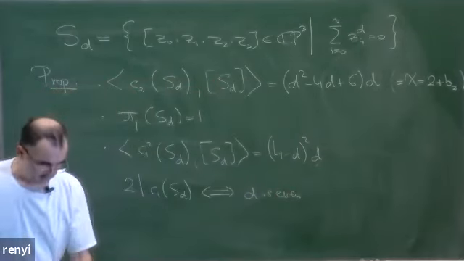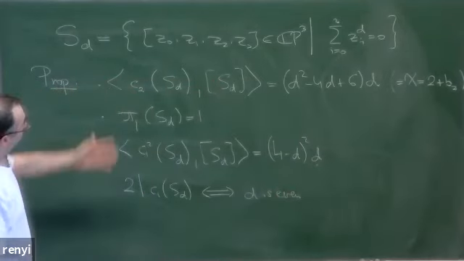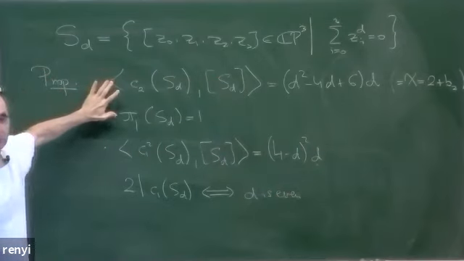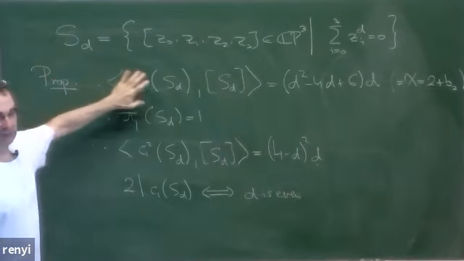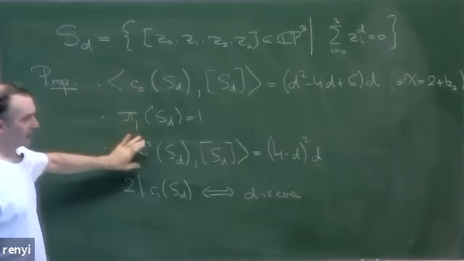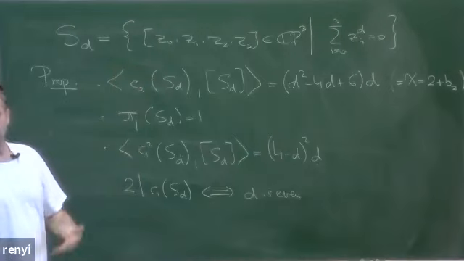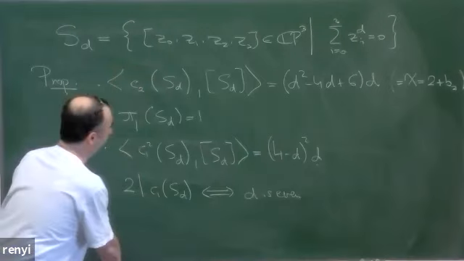And now it's again an exercise to show that from these data, one has to be able to determine the homeomorphism type of these SDs, because C2 and C1 squared determine the Euler characteristic and the signature. So by Freedman's theorem, we know the topology.